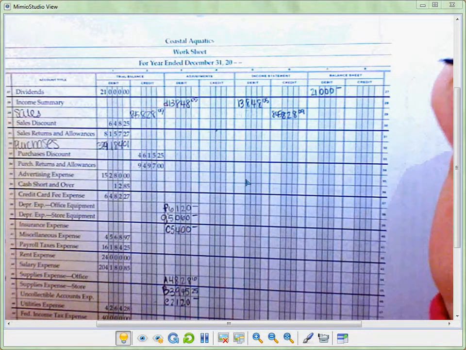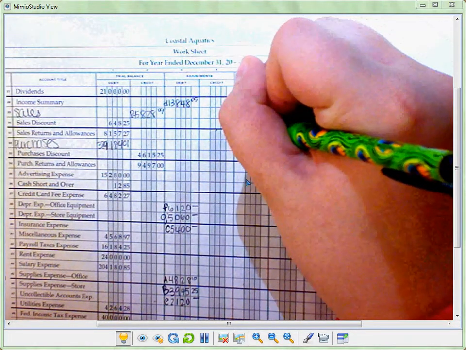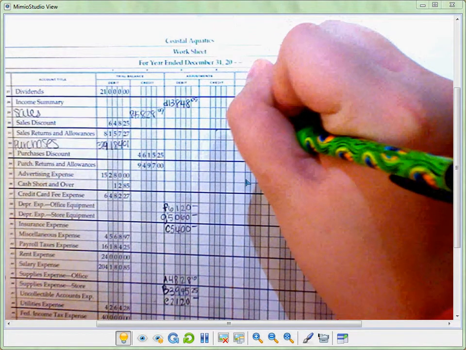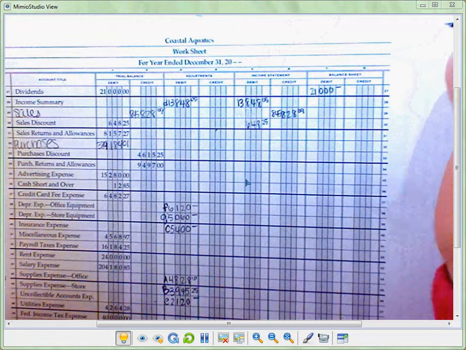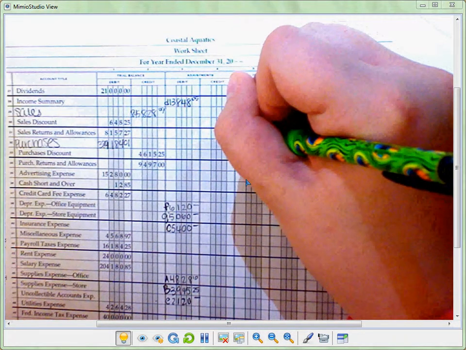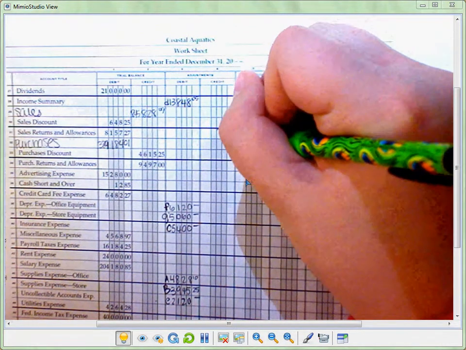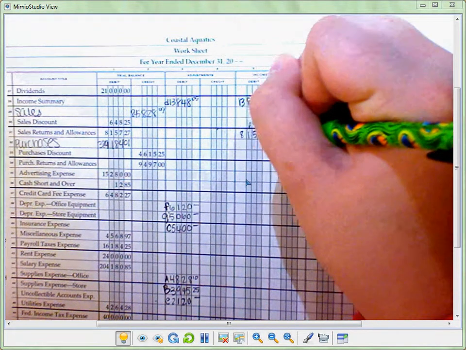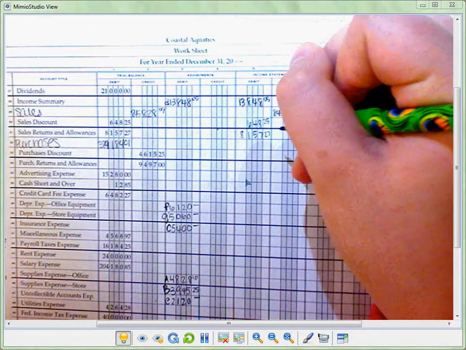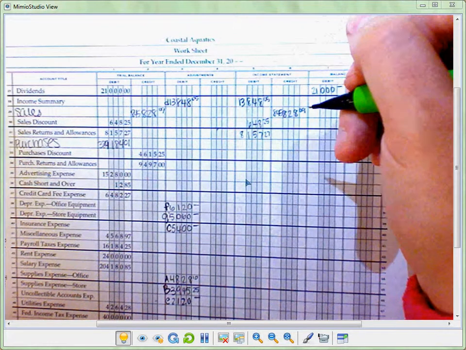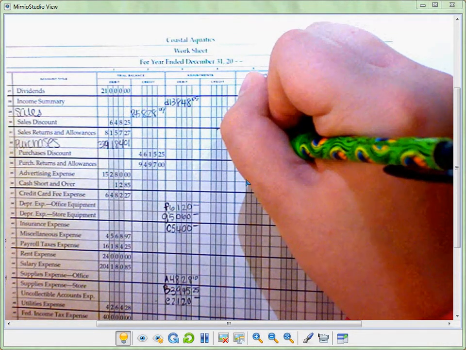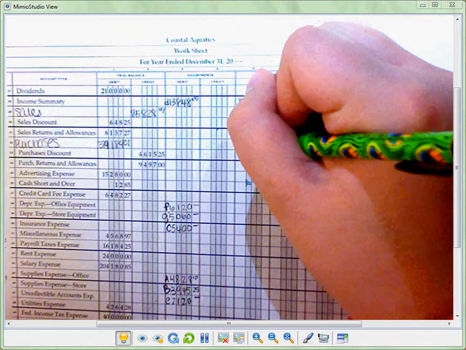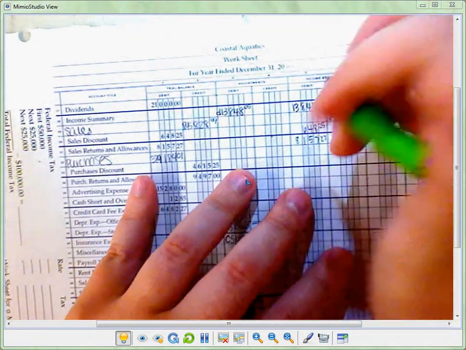Next line is a debit, $648.25. Debit, $8,157.27. Debit of $389,184.01.